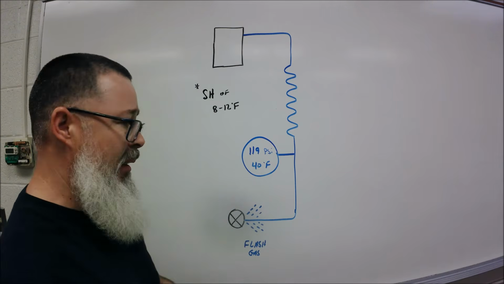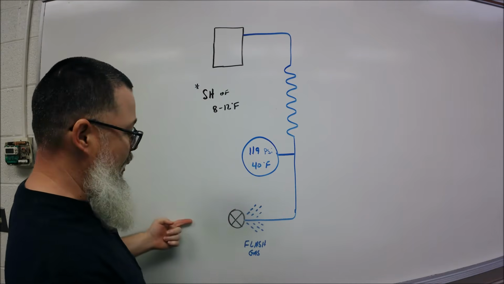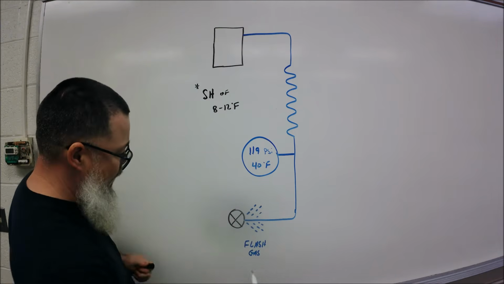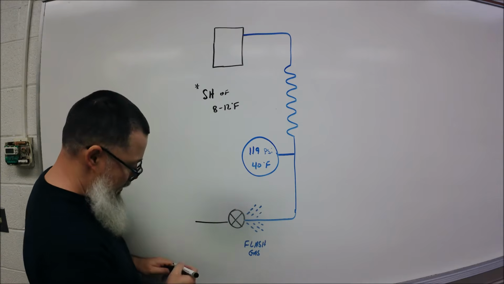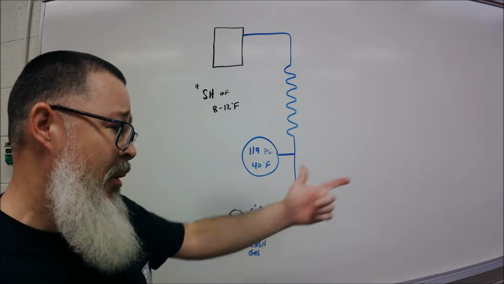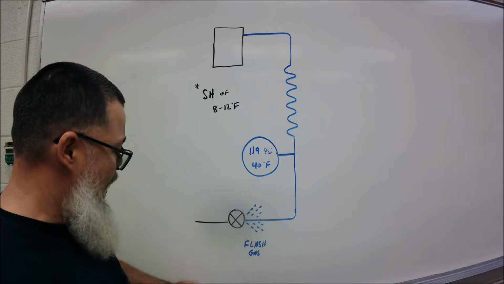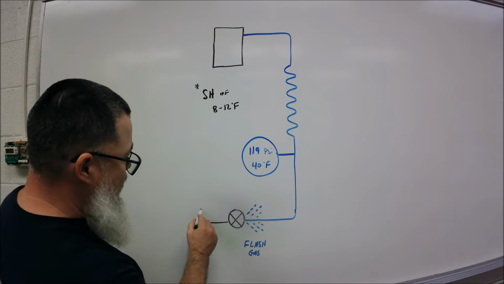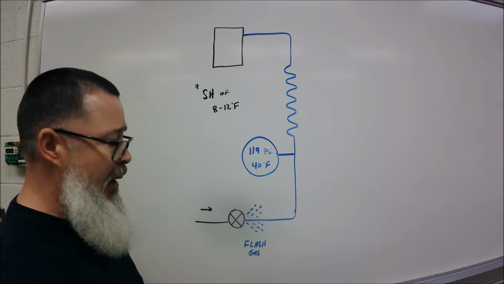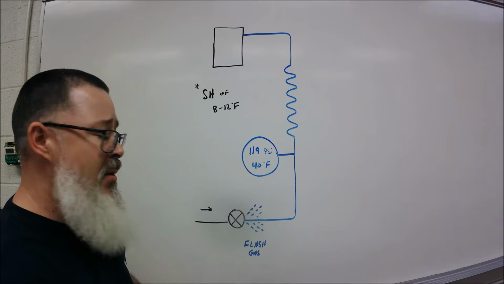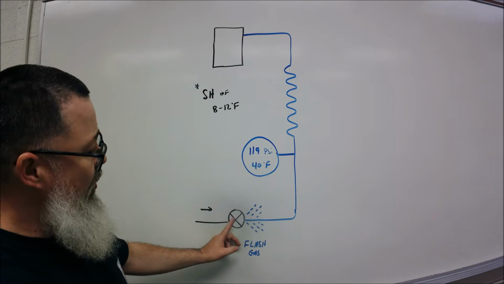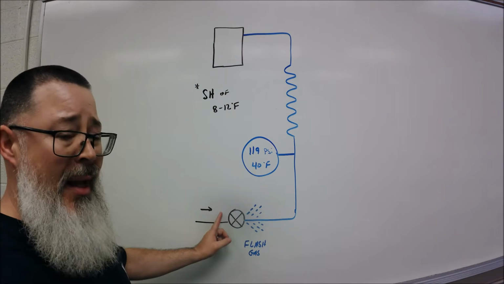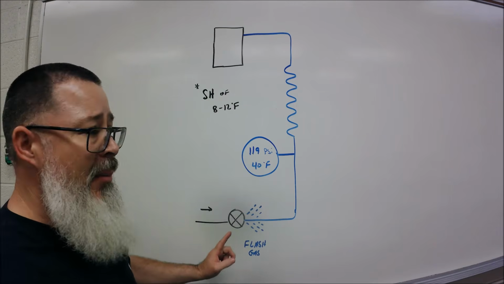We're going to have our liquid line coming in. I would draw it in red, but the red marker is way over there. So our flow is going into the metering device. If you've done any reading, then you'll know that this high pressure side, the liquid line, ends at the metering device.